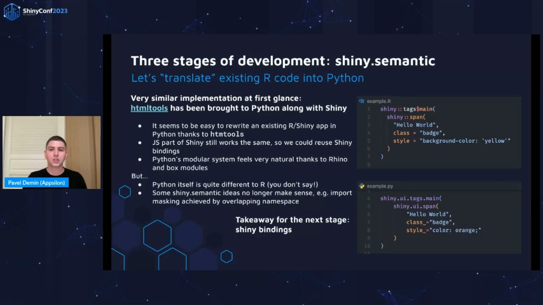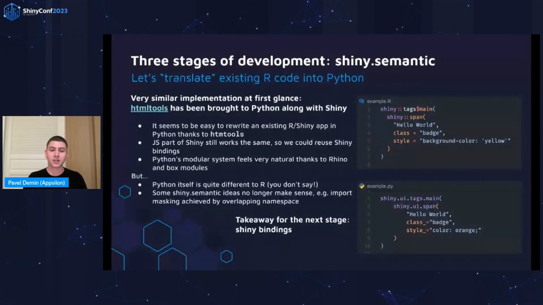However, if you look at how Shiny apps are built, you will immediately notice a lot of similarities. Look at the screenshots. One is a snippet in R, the second is in Python, and they are very similar. And this happens because of the great effort of the developer team behind PyShiny.